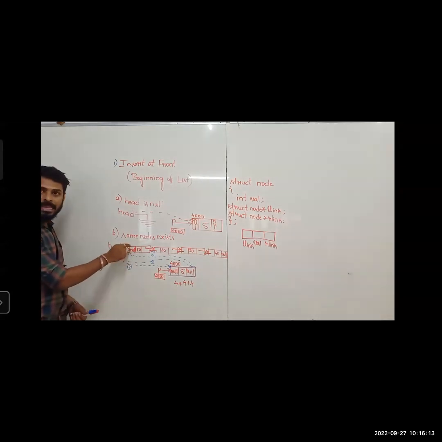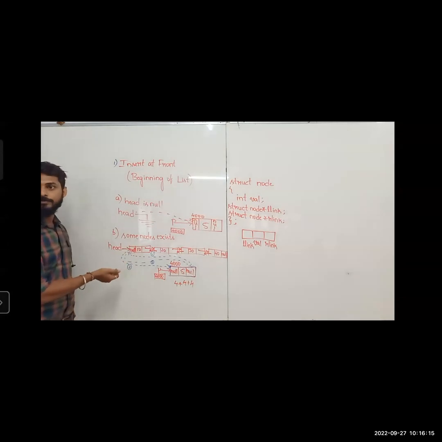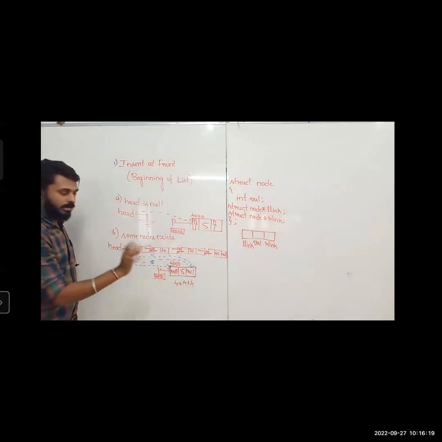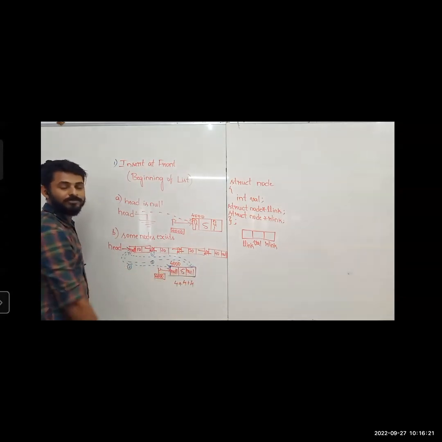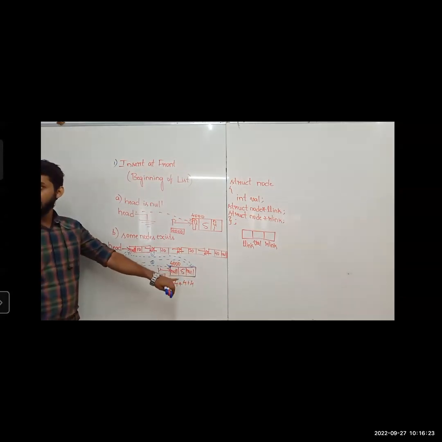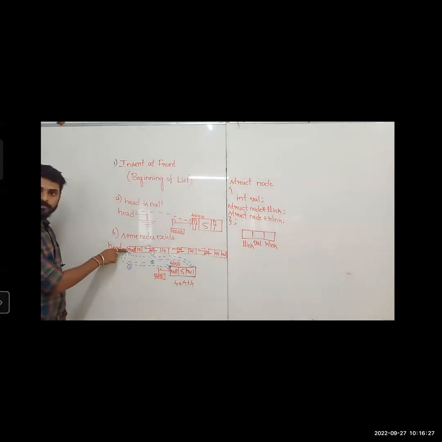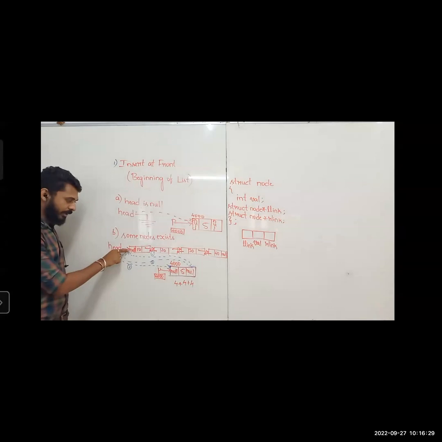Now you think and tell me what is this location? X's L link should point to where? Where P is pointing. First thing is done. Next, what is this location? P's R link should point to where? Did I tell you that it should point inside this? It should point to this complete block.